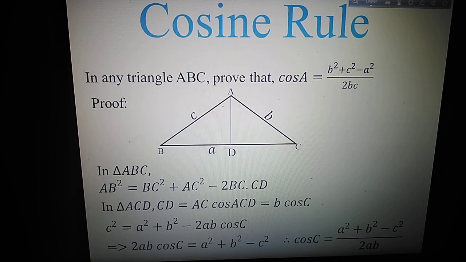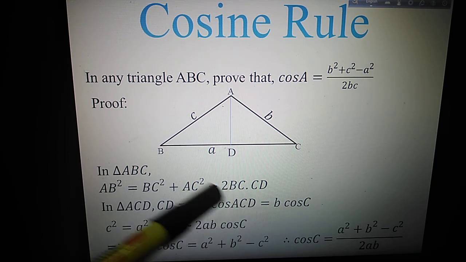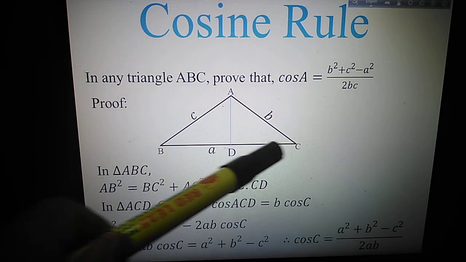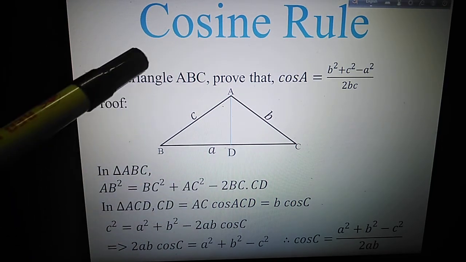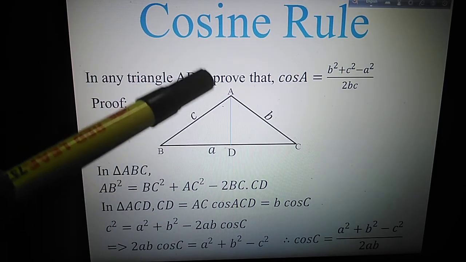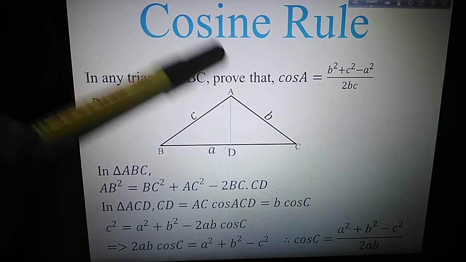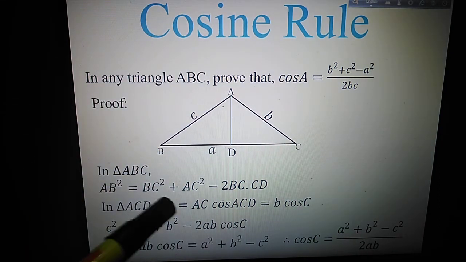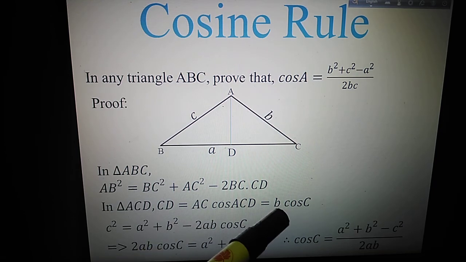Now in triangle ACD, CD equals AC cos angle ACD. So CD is the base and AC is the hypotenuse. That's why CD equals AC cos ACD. Instead of AC we can write b.